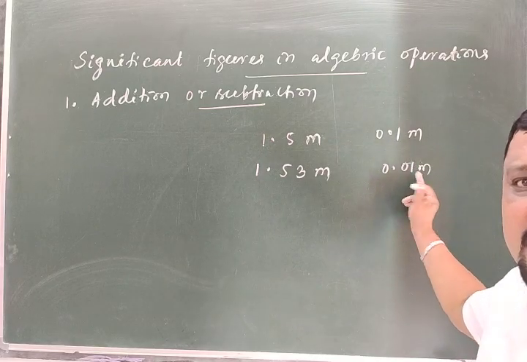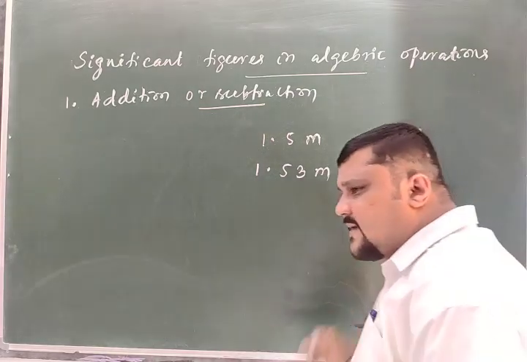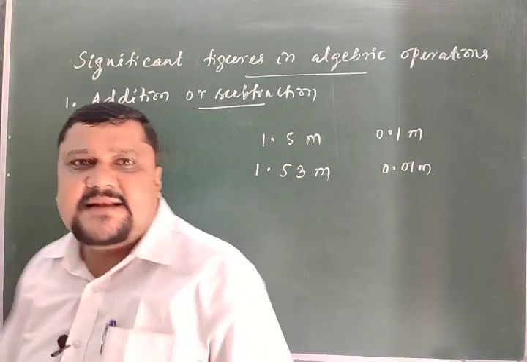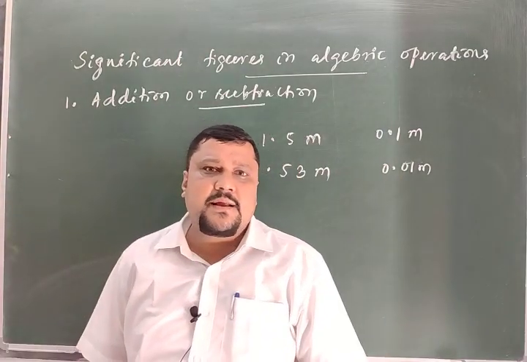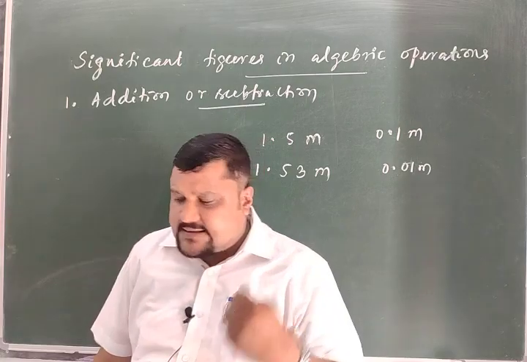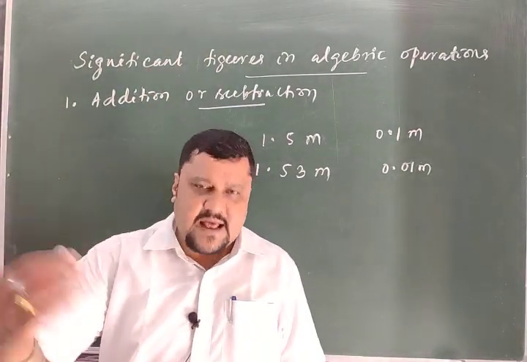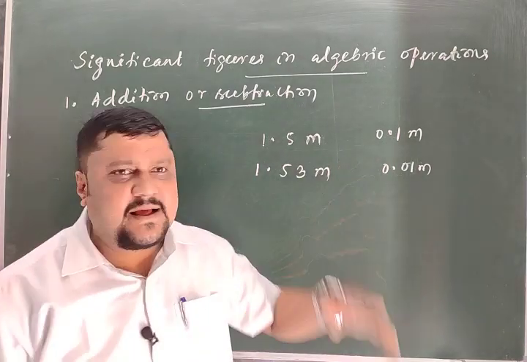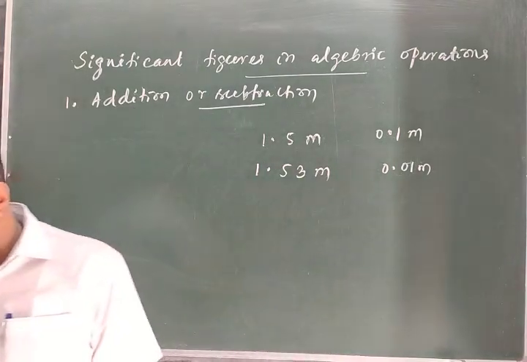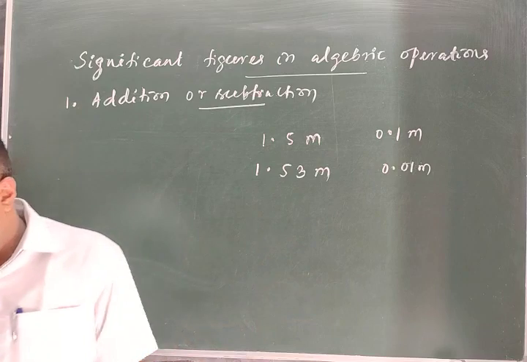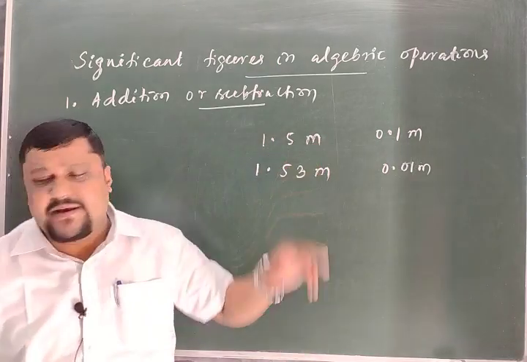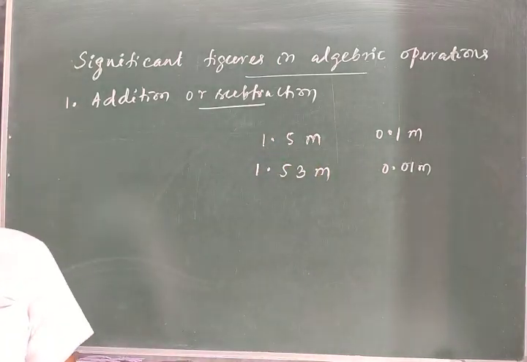The more numbers after the decimal, the more precise. Already you know about accuracy and precision, that was discussed in the last videos. So my point is that out of these two lengths, this 1.5 meter is less precise.